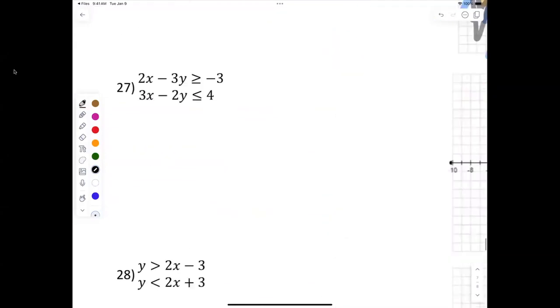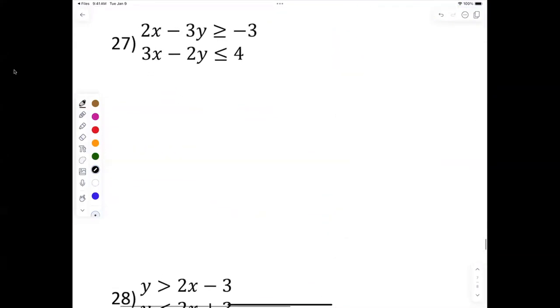All right. Now let's graph this system of linear inequalities. Now 27 is kind of annoying because it is not set up properly. All right, we need it in y equals mx plus b. So the first thing I need to do is I need to move the what?